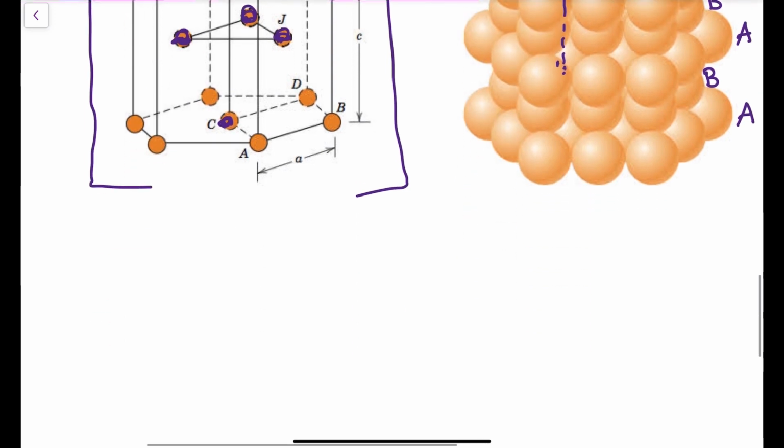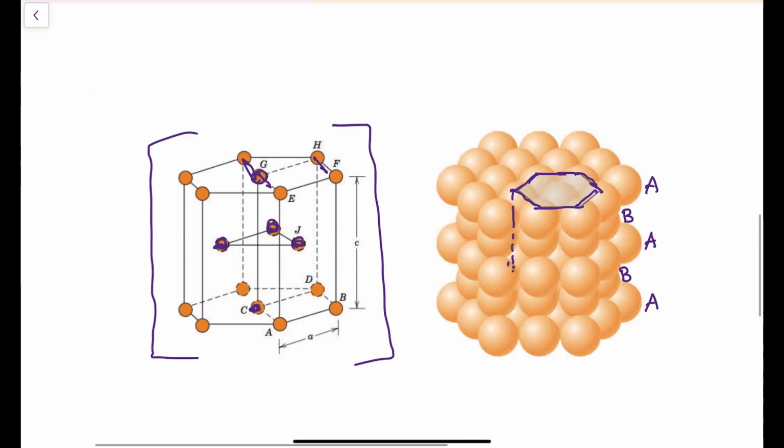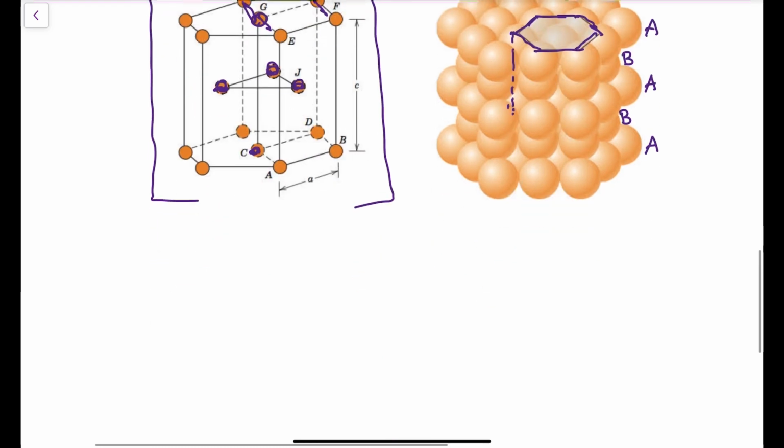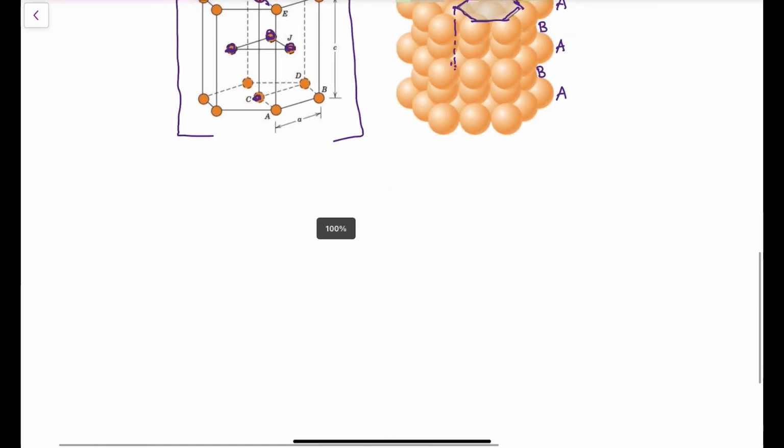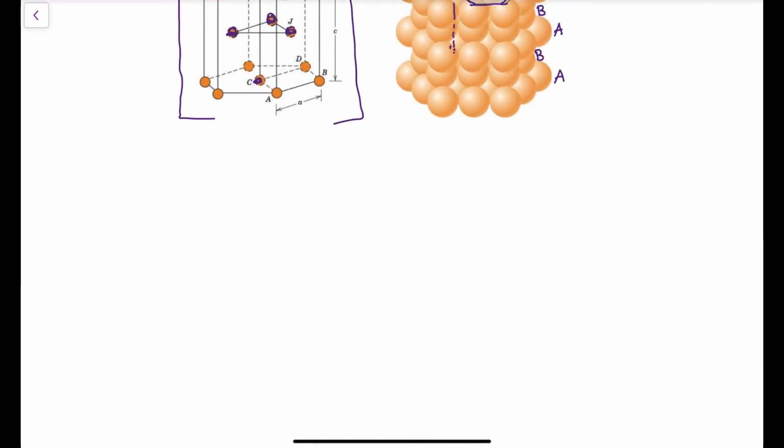So here, first we want to find the coordination number or kissing number. Okay.